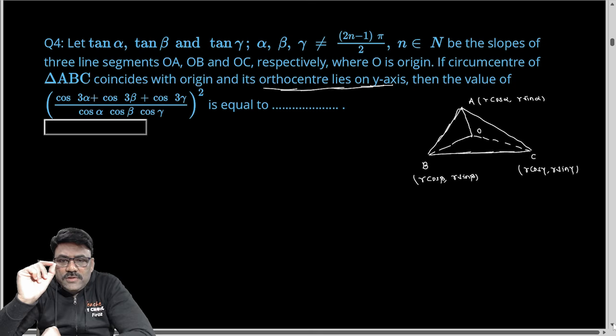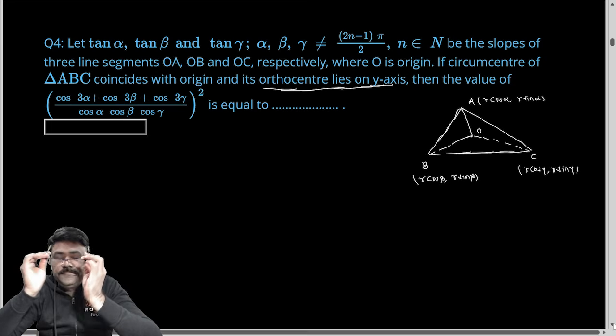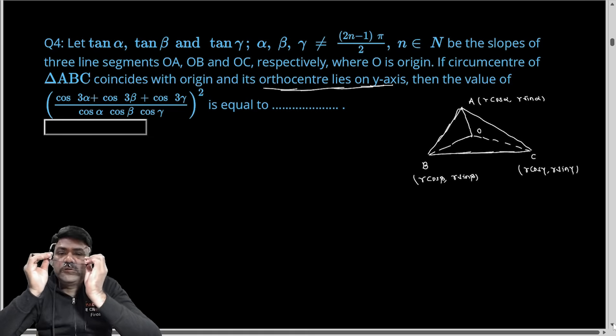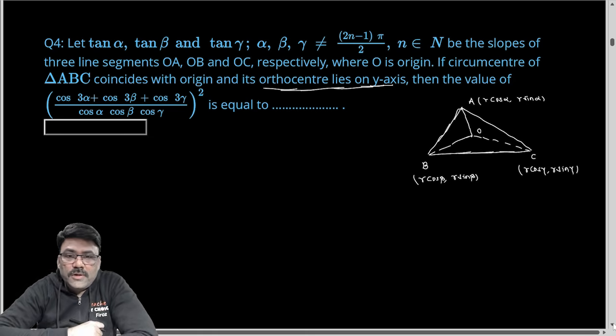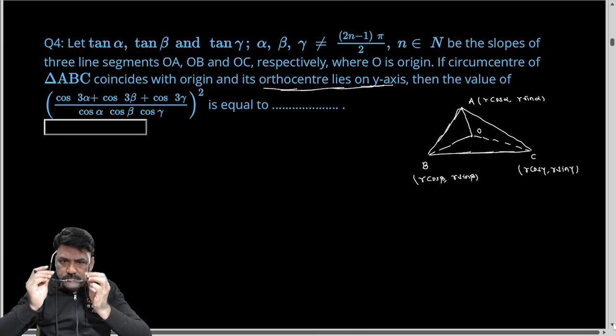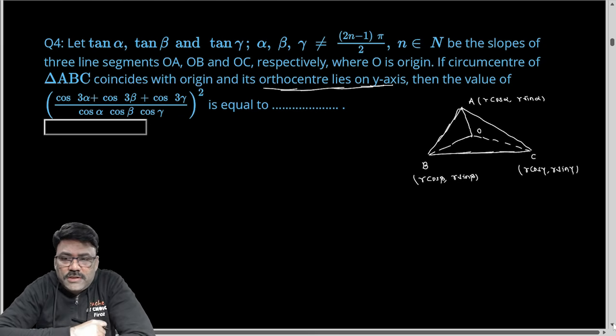So here the orthocenter and the circumcenter lie on the y-axis, hence the centroid also lies on the y-axis. The centroid of the triangle also lies on the y-axis, right?